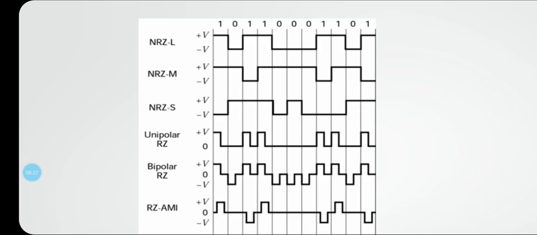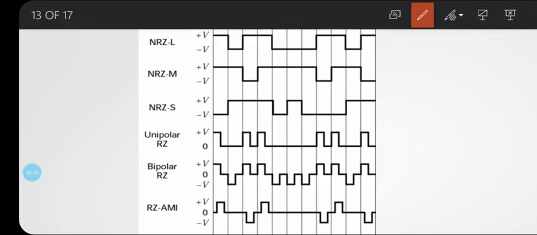The 1 or mark is represented by a change in level, and 0 or space is represented by no change in level. So for 1, if I start with a positive voltage plus V, I will retain it there.